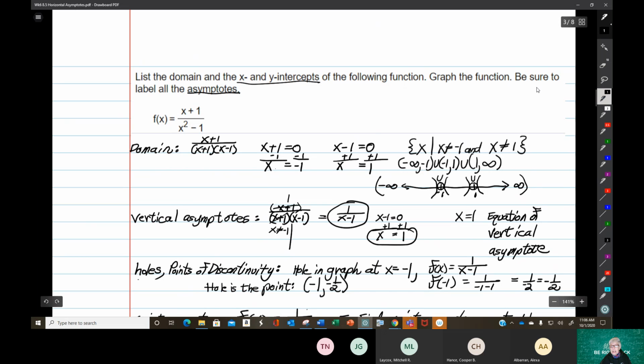Graph the function. Be sure to label the asymptotes. That means you've got to find the asymptotes, x-axis, y-axis, vertical asymptotes, horizontal asymptotes, holes, and anything else that might be of interest.